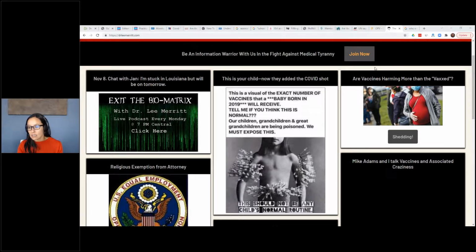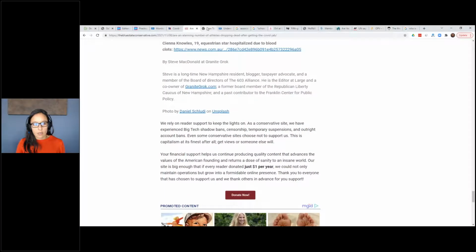It has a link to an article that says, are vaccines harming more than the vax? And look at the picture. The picture is of a pregnant woman with her pregnant belly, and it says shedding, right? So if you click on this, it takes you to this article. Sorry, I have so much misinformation open.